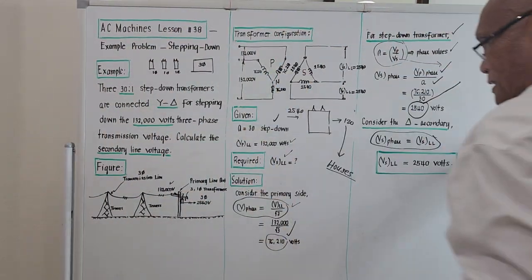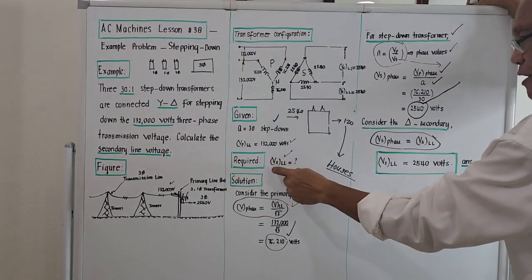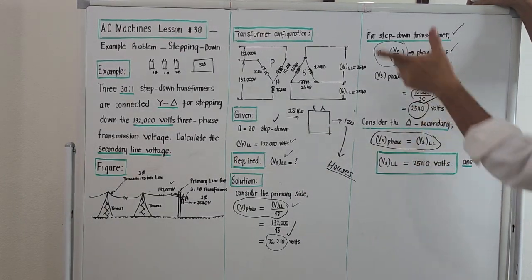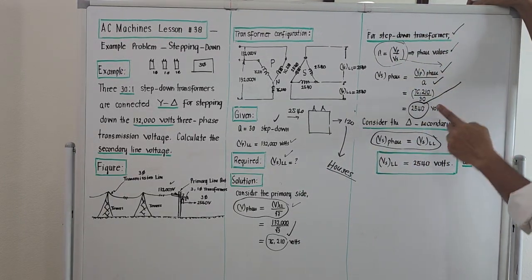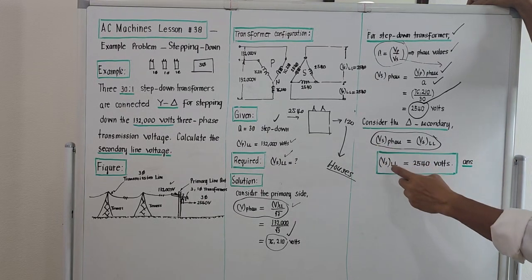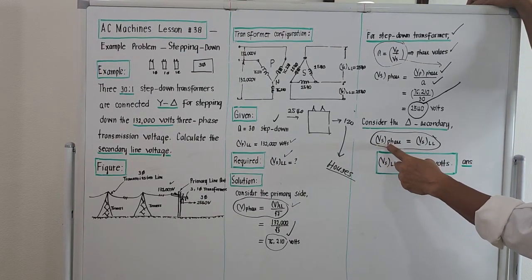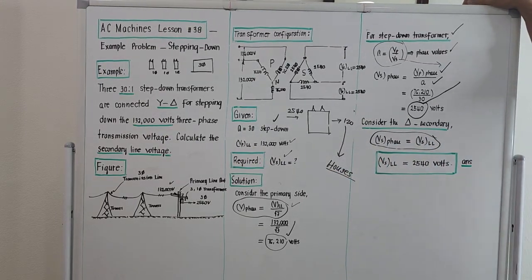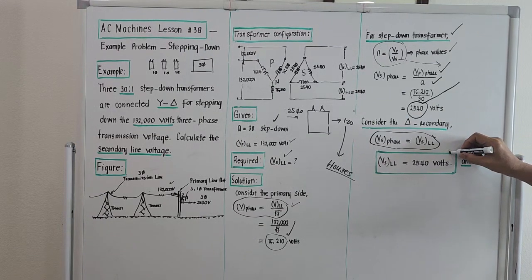So what is being asked is the secondary voltage line-to-line, and we now know the phase voltage on the secondary is 2540. Therefore, the secondary line-to-line voltage will be equal to the secondary phase value, which is 2540. So our answer now will be 2540 volts.